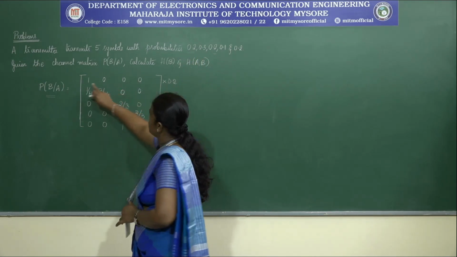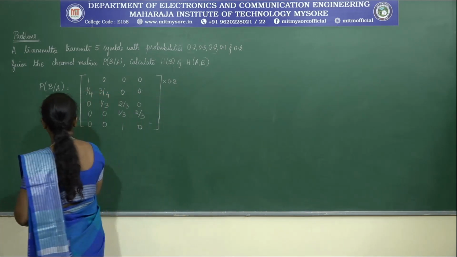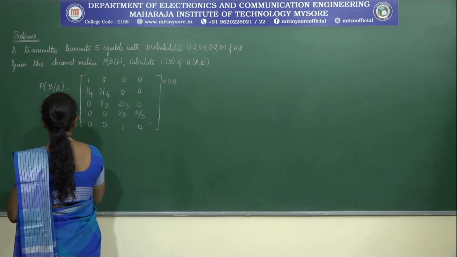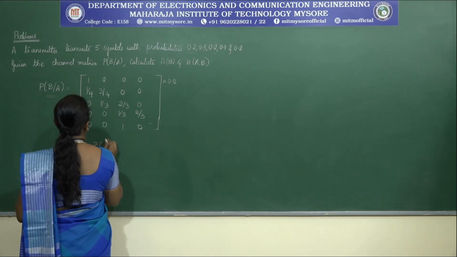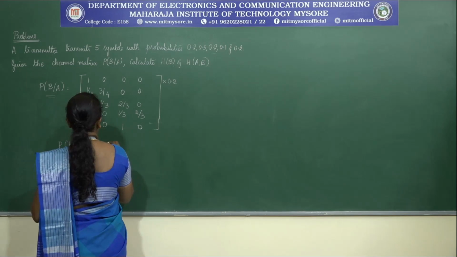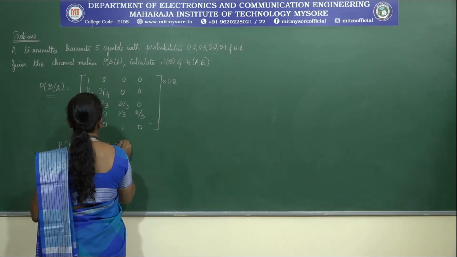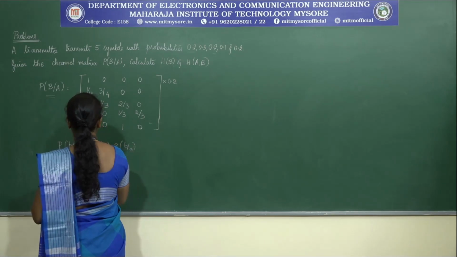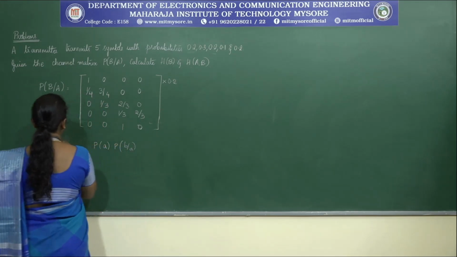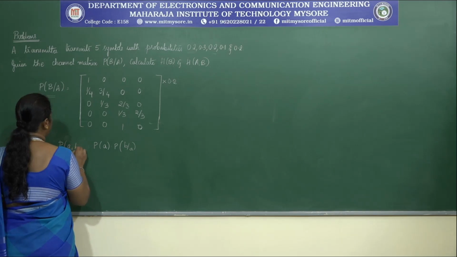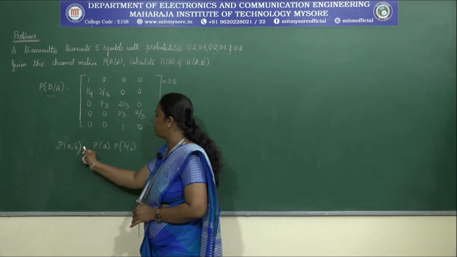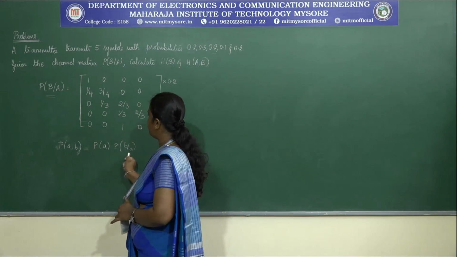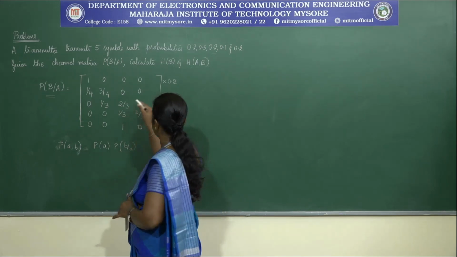This is P of B comma A, which can be written as P of A multiplied by P of B by A, which gives P of A comma B. So P of A comma B is equal to P of A into P of B by A. That is what we are going to do here.